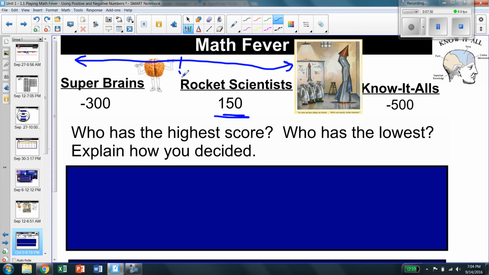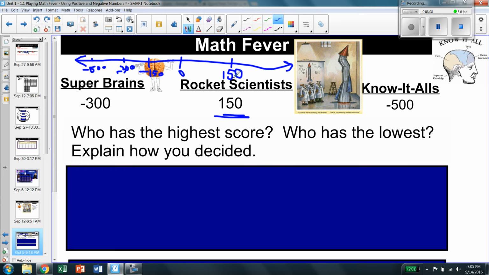Okay, 0's going to be here, and we're going to have some positive numbers, and 150's over here. If we follow this number line out in the negative direction, we're going to get negative 150. Eventually, we're going to get to negative 300, which is going to be somewhere over here. And if we keep on going, forgive my terrible handwriting, it's hard to do with the touchpad on the computer. If we keep on going, we're going to get to negative 500.